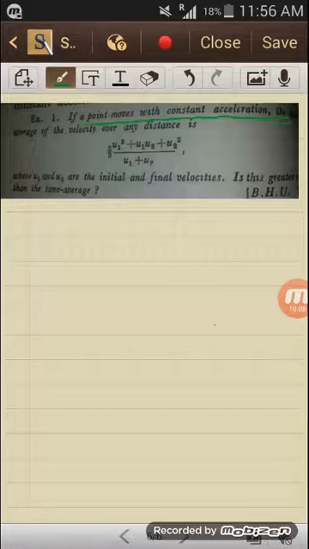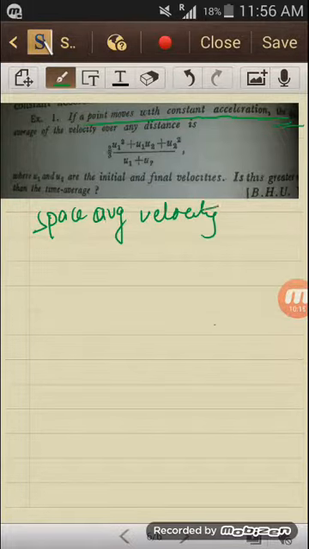This is the space average velocity, where u and v are the initial and final velocities, and it is greater than the time average. So here we have to prove which is the time average and which is the distance average, that is the space average.